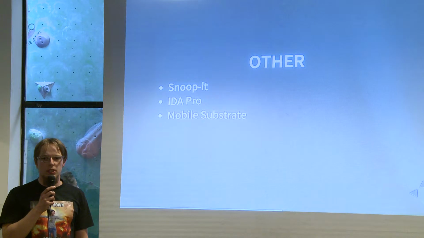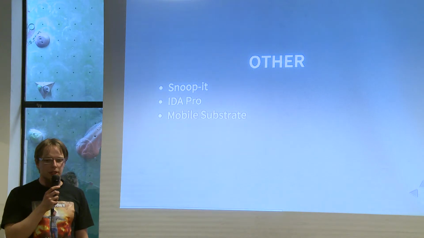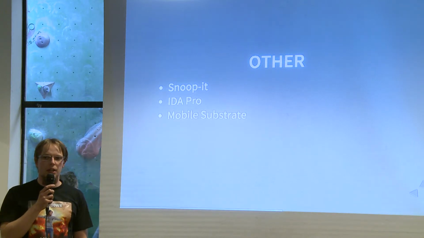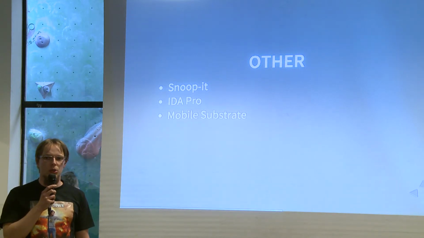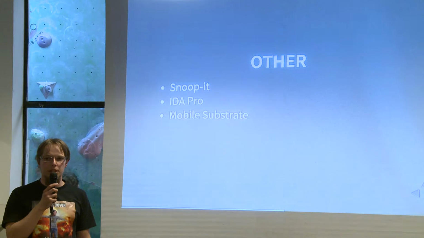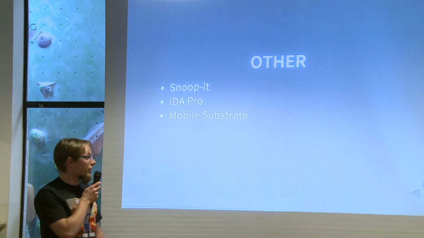It can set the location to anywhere you want. And there is also Mobile Substrate. This is the application which allows you to patch our binaries, so create workarounds which bypass our security checks, disable login, enable premium content without purchasing it.